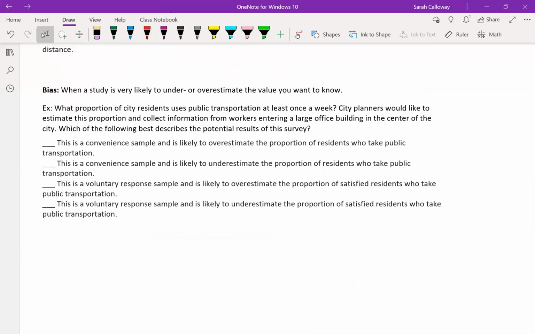And so these are both biased methods of sampling, meaning that my data is likely to be either an underestimate or an overestimate of the value I want to know for a couple different reasons. So if I think about a voluntary sample, I'm probably going to complete a survey if I had a really bad experience or if I had a really good experience.